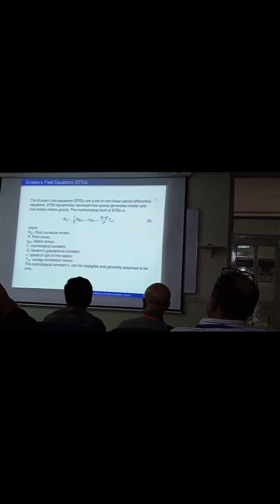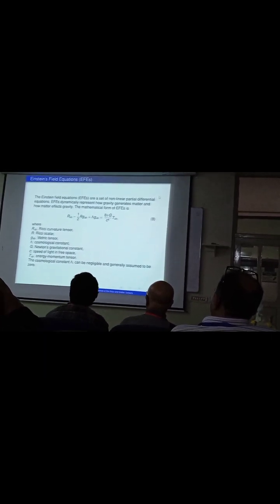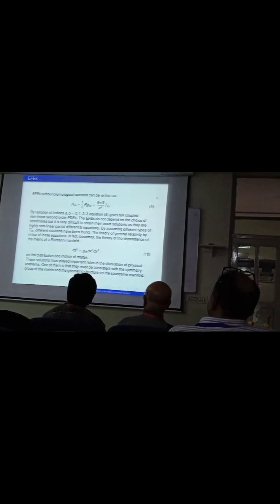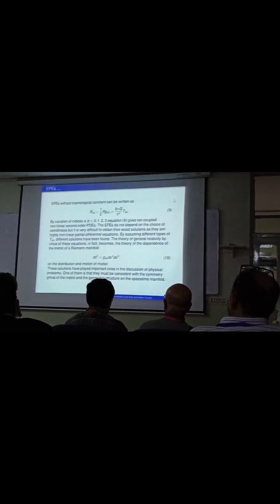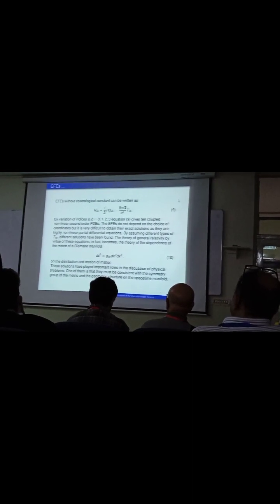So we all know what these quantities are. By solution we mean the Riemannian metric that satisfies the field equations, and I'll be using equation 9 without the cosmological constant.